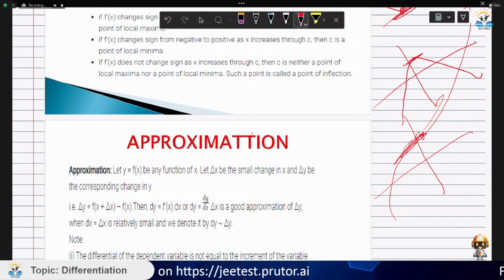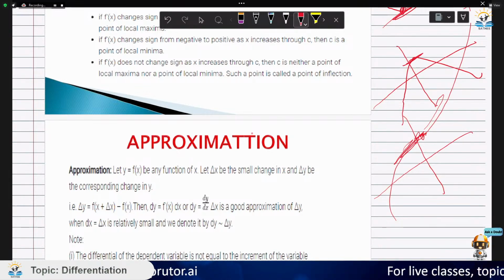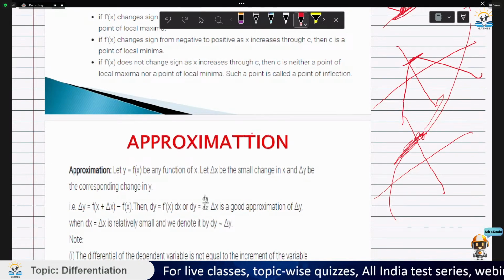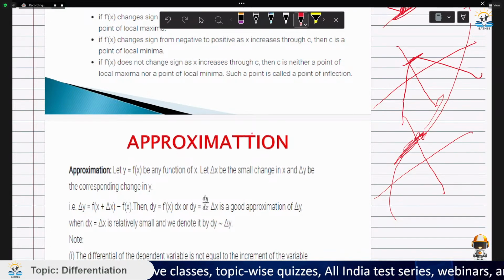And see, if this is the graph and this is the tangent, then the normal would look like this. Two lines that are at 90 degrees to each other are perpendicular, and the product of their slopes is -1. So the slope of the normal to the curve becomes like this.